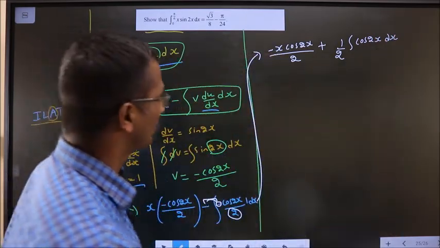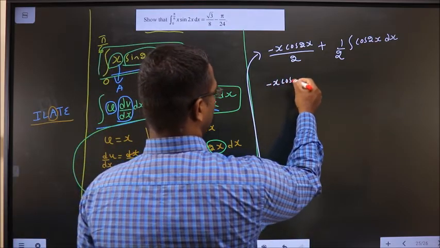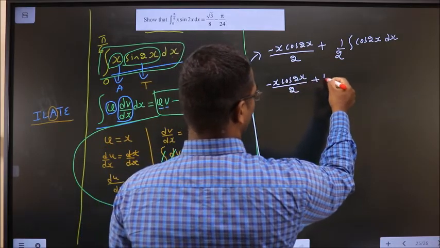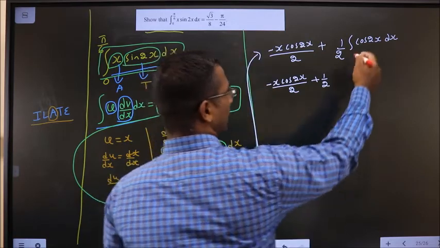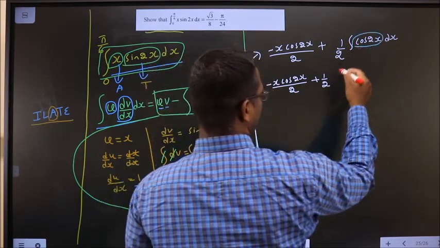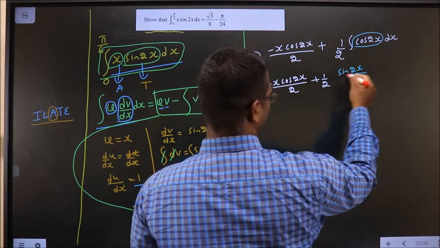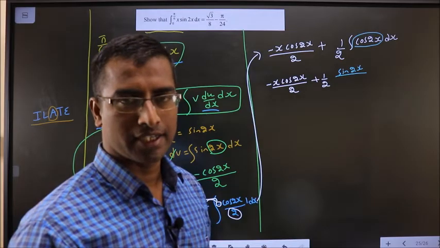Okay. Now, this is minus x cos 2x by 2 plus 1 by 2 times the integration of cos x, which is sin x, divided by, in place of x whatever you have, that derivative you should write in the denominator.